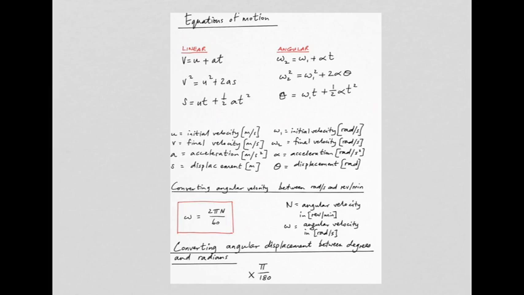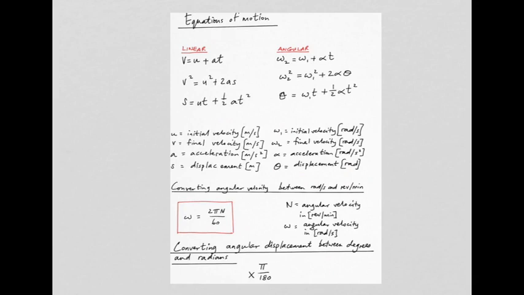Same for the next two. Final velocity squared equals initial velocity squared plus 2as becomes omega 2 squared equals omega 1 squared plus 2 alpha theta. Theta is displacement, but in angular terms that will be how many radians you have turned through. So instead of displacement being in a straight line measured in meters, in angular terms displacement is rotation in radians.